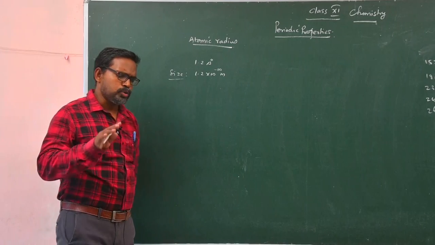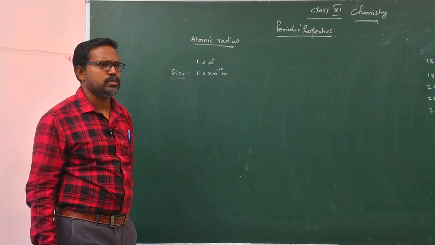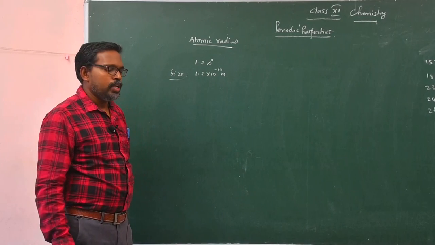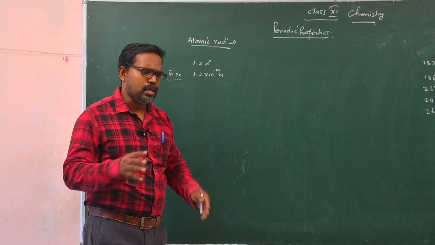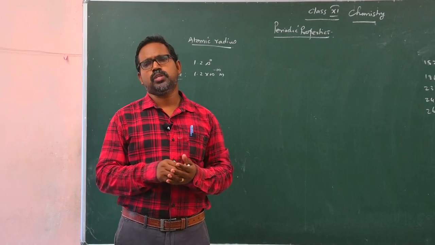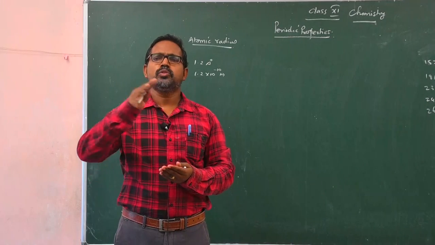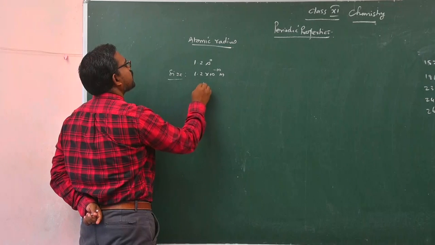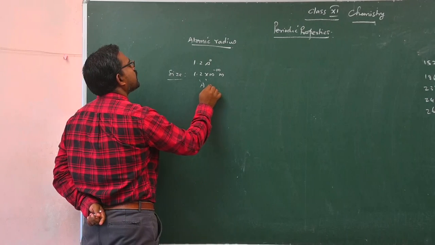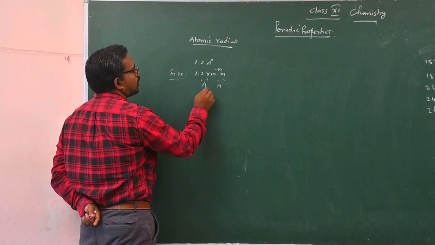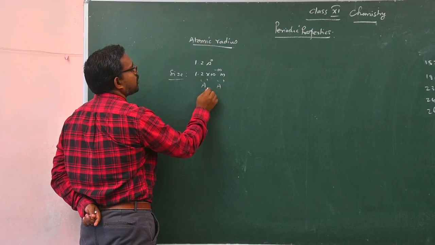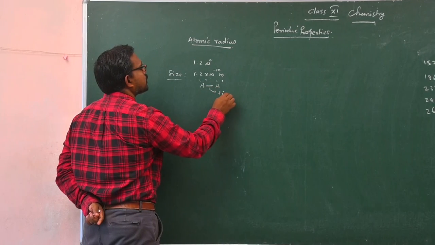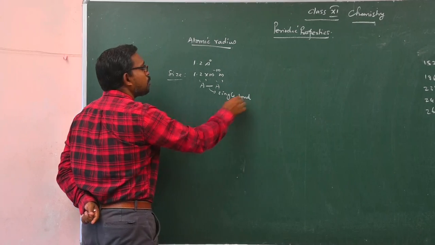So, how to find out the size of an atom? We know that atoms are combined together. One atom is associated with another atom. Let us consider an atom A combined with another atom A. A and A bind together by a single bond.